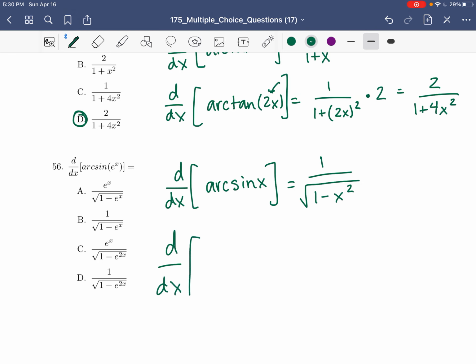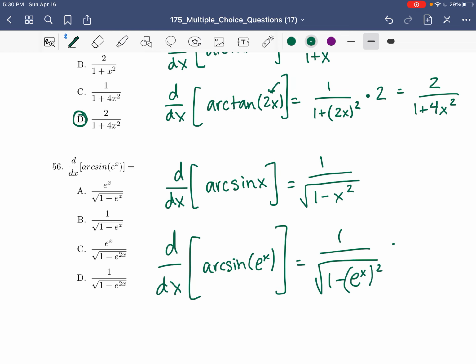So in our case, when we're looking at this, we had arcsine of e to the x. So this would equal 1 over square root of 1 minus e to the x squared times the derivative of the inside, which is just e to the x.